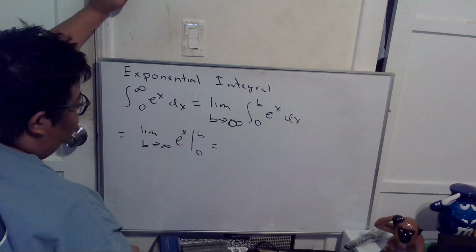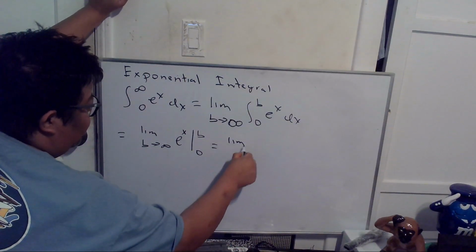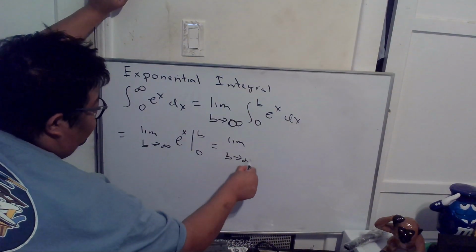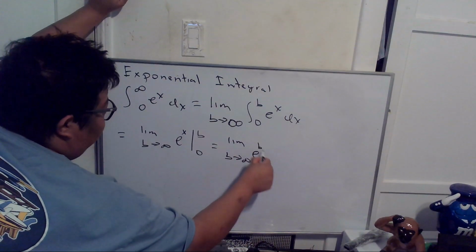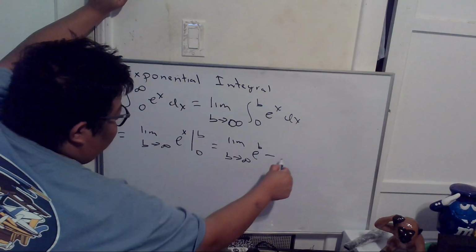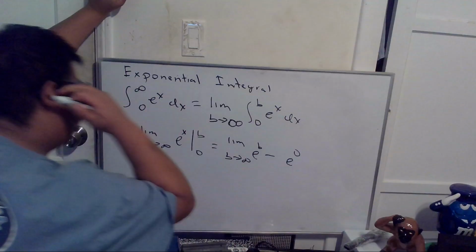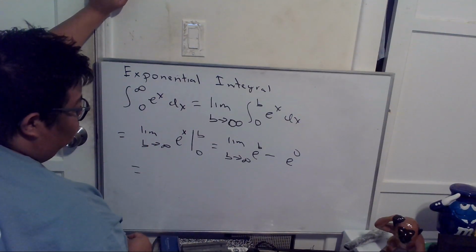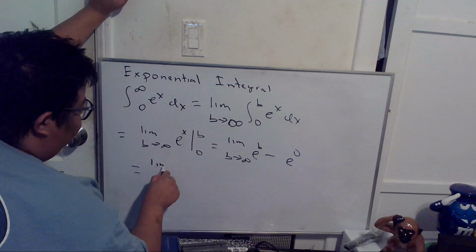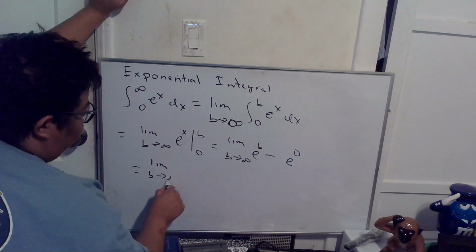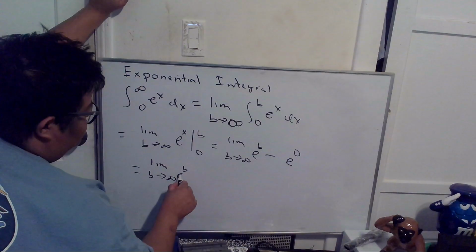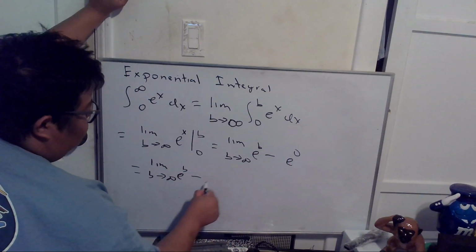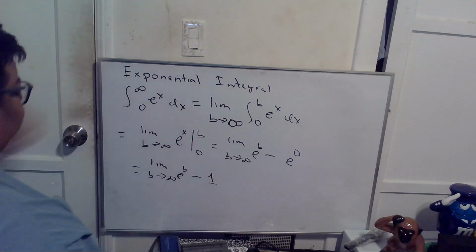That's equal to the limit as b approaches infinity of e to the b minus e to the 0, and e to the 0 is just 1.